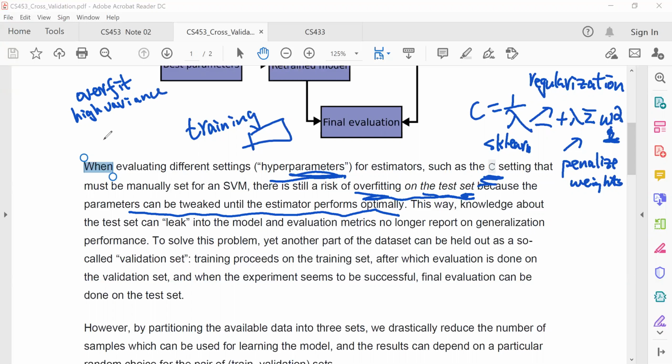What does that mean? That means it fits well in the training model, but when you do prediction, it doesn't give a very good prediction result.